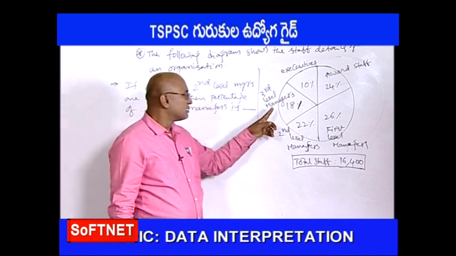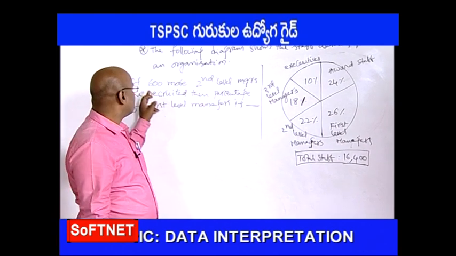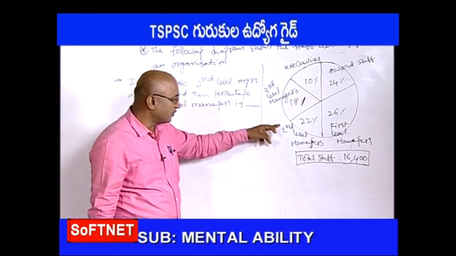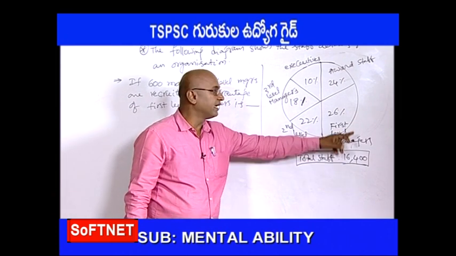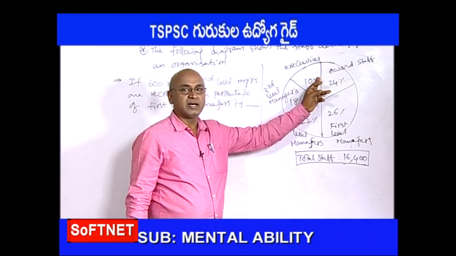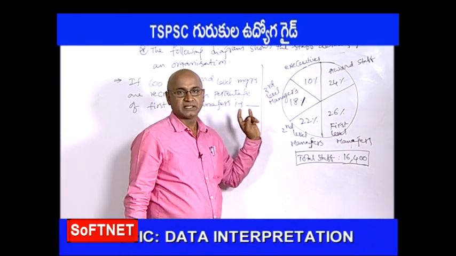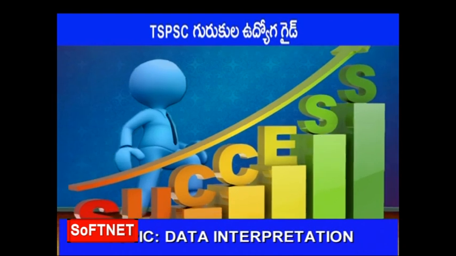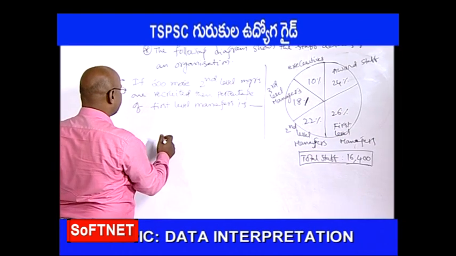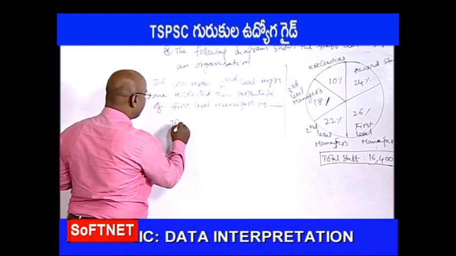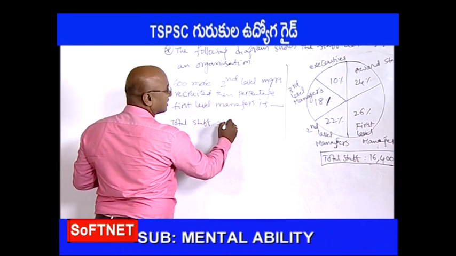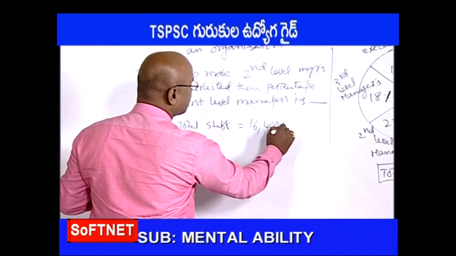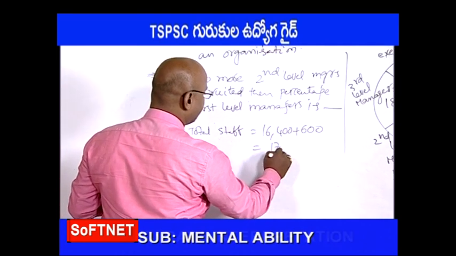If some change is there, that is, 600 more second level managers are recruited, the total staff changes. That is why the percentage of all the sectors also changes. Now, if 600 more second level managers are recruited, then the total staff of the organization is 16,400 plus 600, that is equal to 17,000.